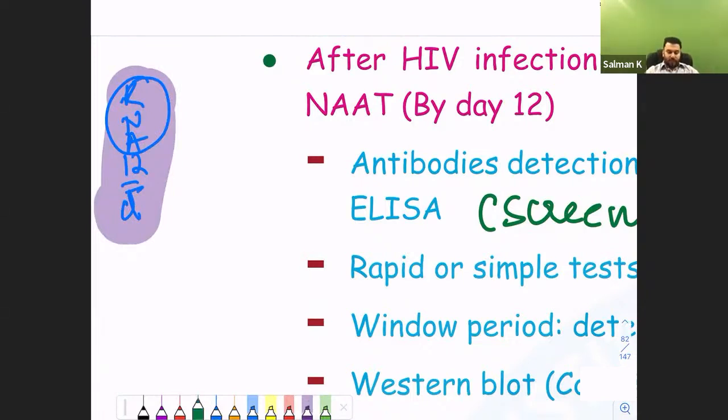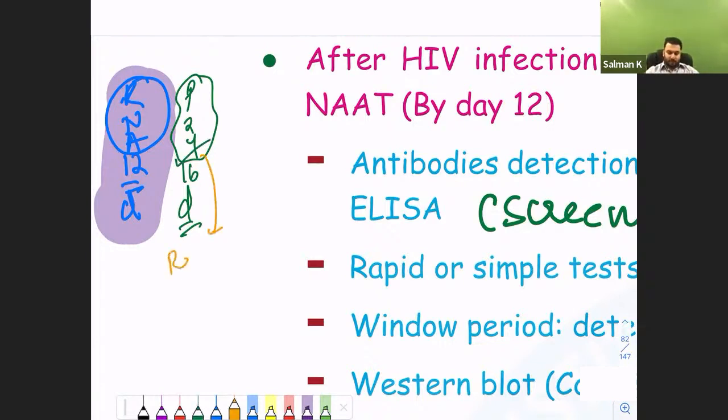Now, a few days later, by day 16 onwards, another marker starts to appear, that is the P24 antigen. P24 antigen is an antigen of the HIV virus. This antigen test, the P24 antigen test, is the one I would want you to answer.